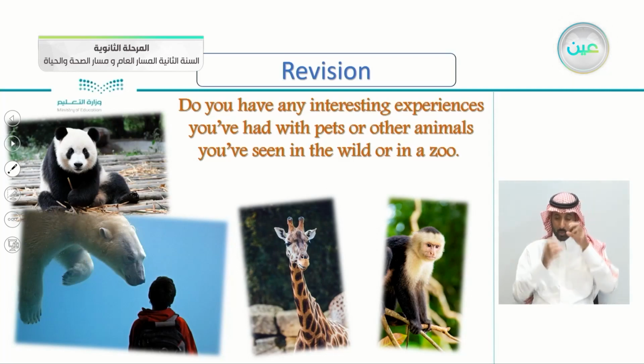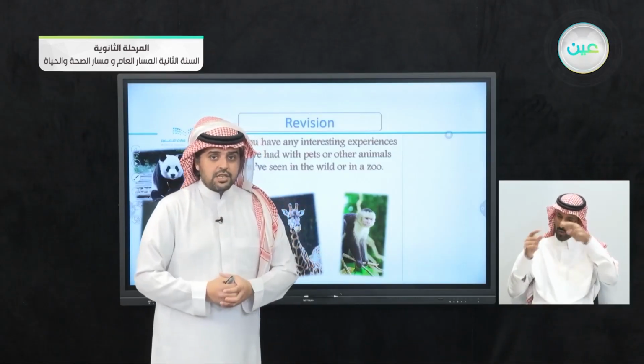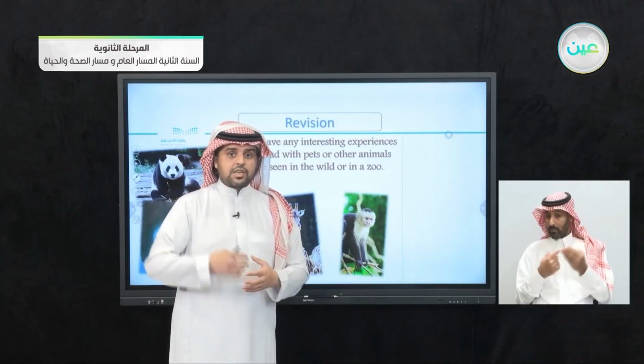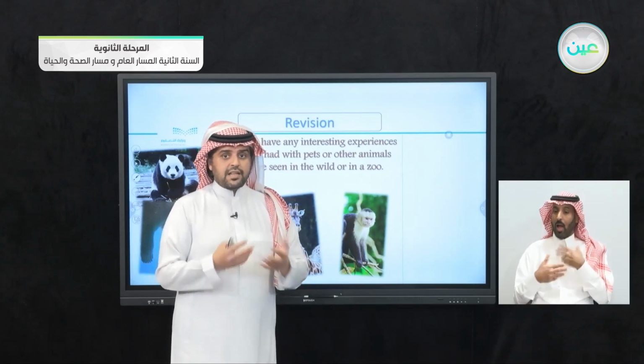Yes, it's a polar bear. And this one, this animal here with the long neck, what do we call it? Very good. It's a giraffe. And this one, of course, we all know it. It's a monkey. And if you remember, the theme of this unit is animals, and we indulged in animals. Do they communicate? Do they laugh? And so on.